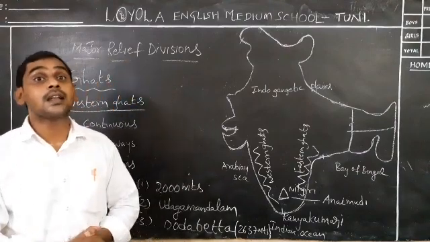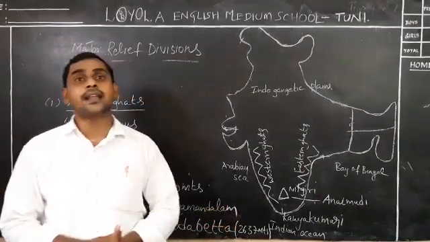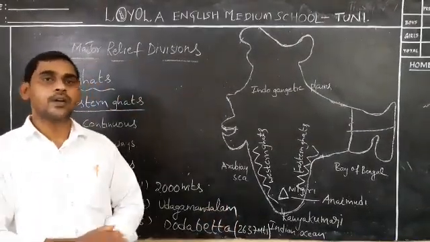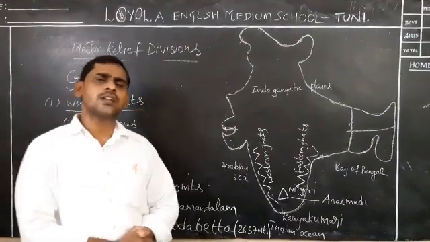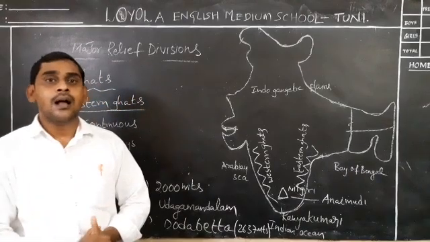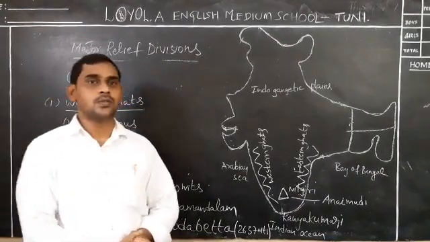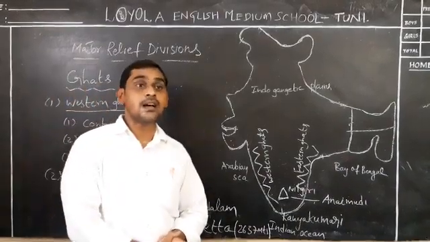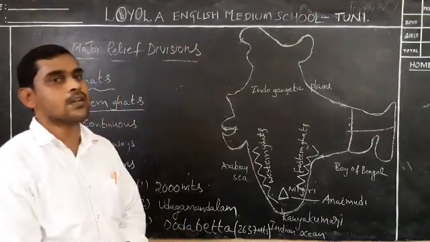And Cardamom Hills are located in Kerala. So these are the famous hills located in the Western Ghats: Anaimala Hills, Palani Hills in Tamil Nadu, and Cardamom Hills in Kerala.